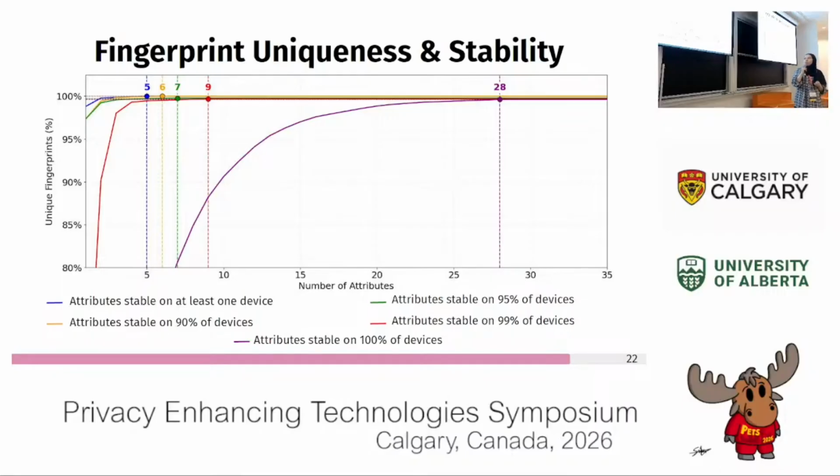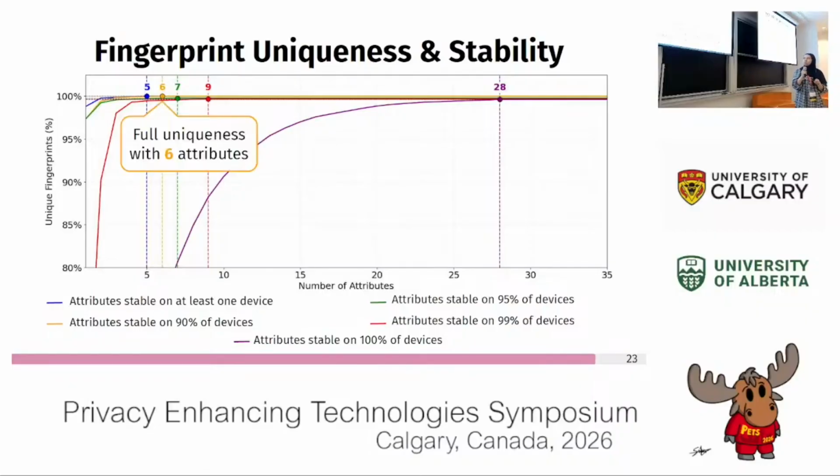So this graph shows how uniqueness evolves as we combine attributes. The x-axis is for the number of combined attributes, and the y-axis is for the number of unique fingerprints. As you can see, the curves apply different stability constraints. When we apply a stricter stability constraint, more attributes are needed to identify devices.